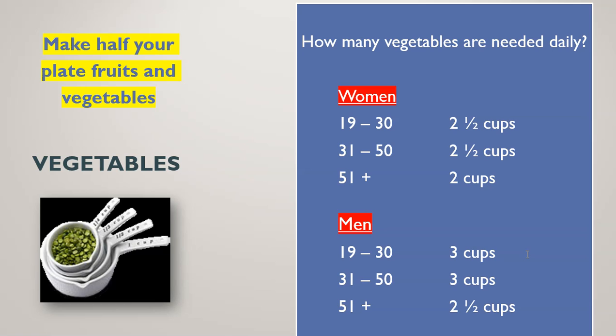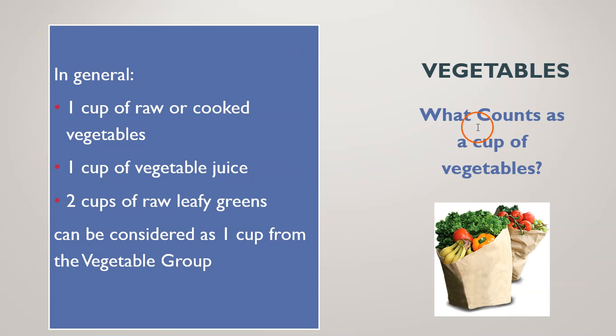And by the way, corn is not considered a vegetable in this MyPlate scheme. You could think of corn as a grain. So if you're thinking, well, I eat a lot of corn, so I get my vegetables, that wouldn't be the case. So let's look ahead and see what actually is going to count as 1 cup.